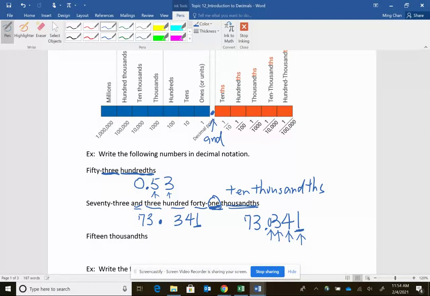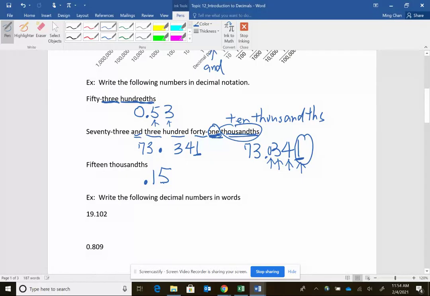You have to make sure that the last digit is sitting on the place value that you are saying. Take 15 thousandths. If you say that, there's no "and," so the decimal goes right in front of the 1. But if you put the decimal in front of the 1, that means 1 is the tenths, 5 is the hundredths.